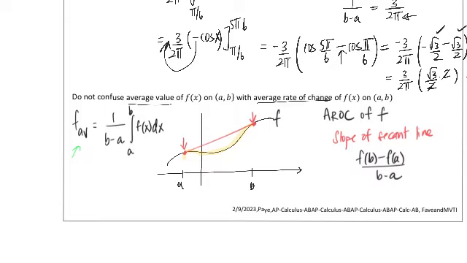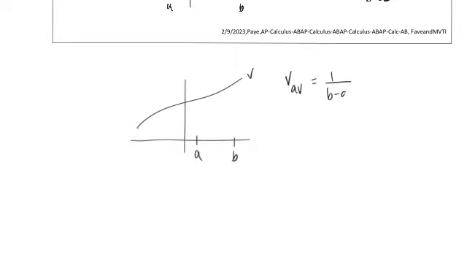The two of these are related, in terms of physics, where if you think of a velocity function, then the average velocity from time a to time b would be 1 over b minus a, the integral from a to b of v of t dt.